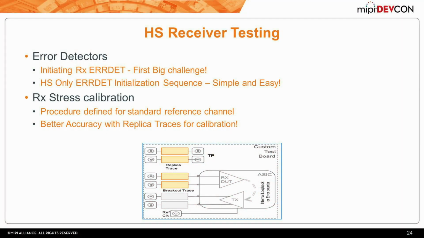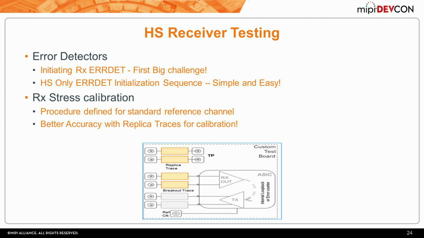So again, talking about test modes, right? In testing a receiver, given that your design has an error detector, right? Now I think moving from 1.5G onwards, having error detectors in the receiver to help testing is going to be the norm.